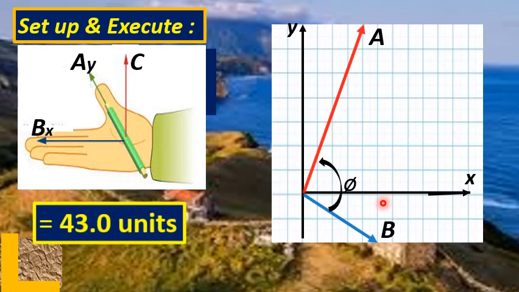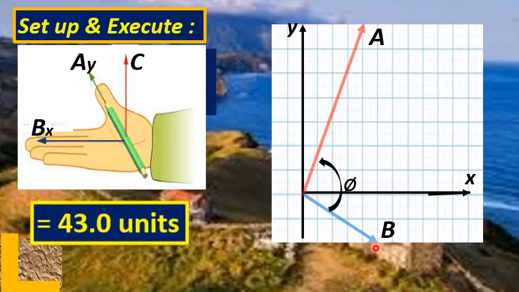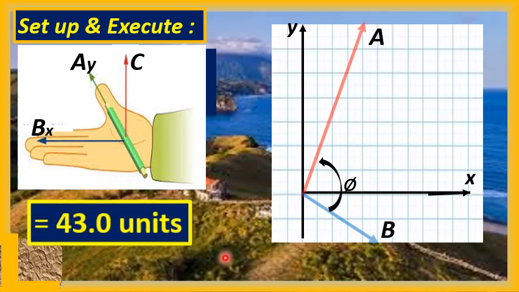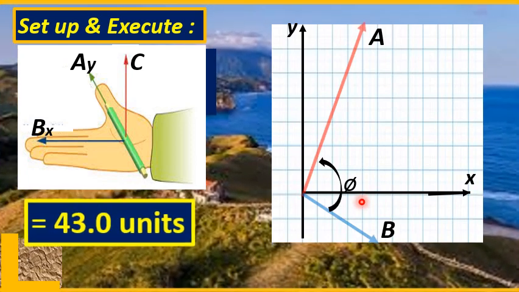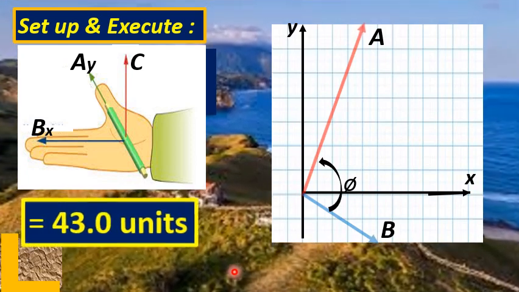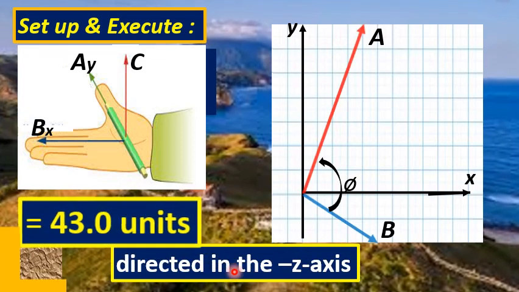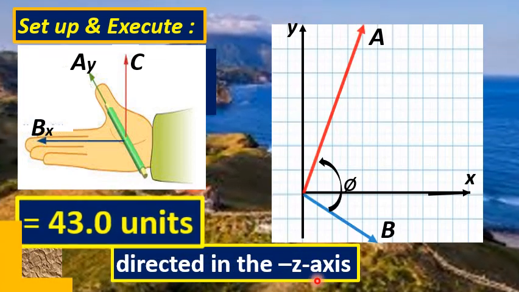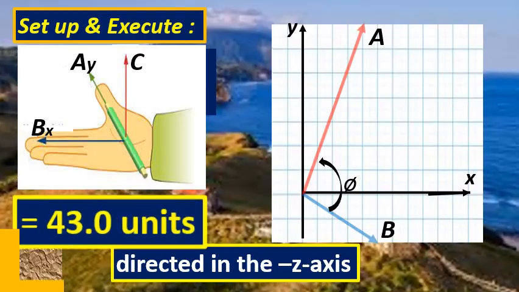All right. So we therefore emphasize that the direction of the vector product A cross B, labeled as vector C, is into the negative z axis.